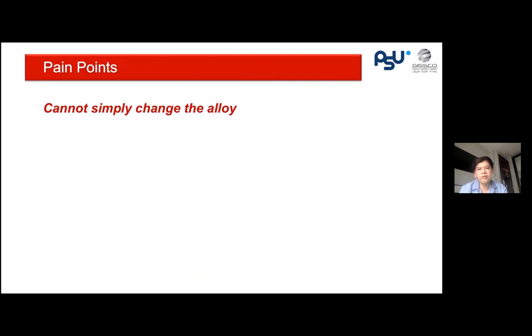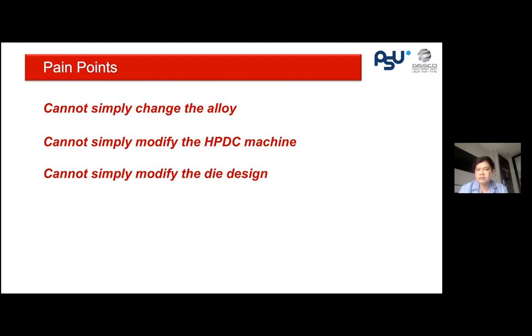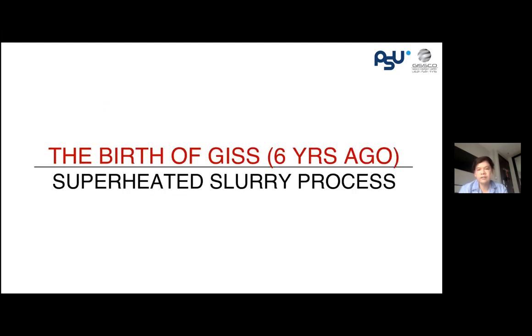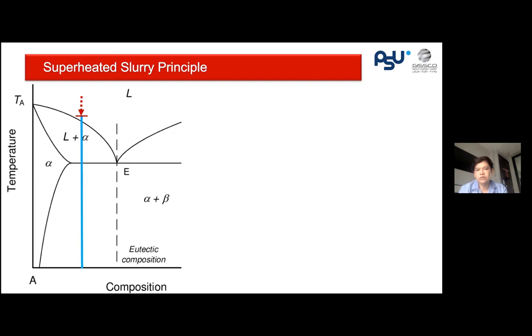For example, we found pain points in the industry: we cannot simply change the alloy for the die casters, cannot just modify the die casting machine, and the die is sometimes not easy to modify because they are existing processes. So about 6 years ago we discovered what we call the superheated slurry process, to try to solve the pain points.